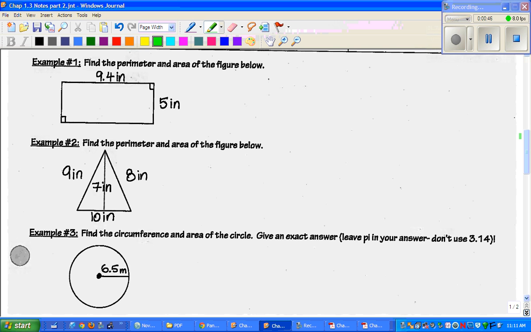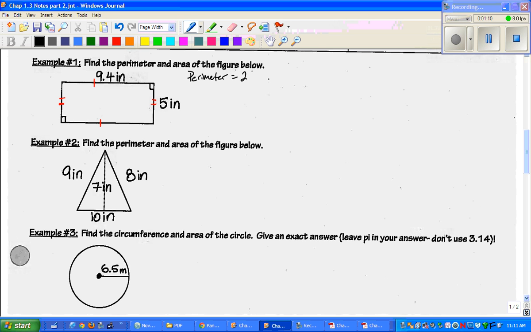With this rectangle, we know that the opposite sides are congruent. So when we are finding perimeter, perimeter equals when we add up all of the sides.